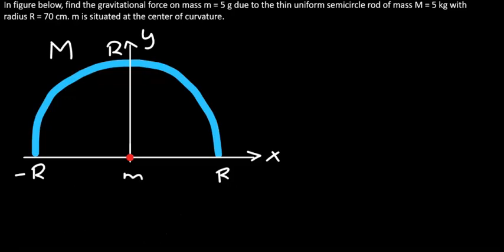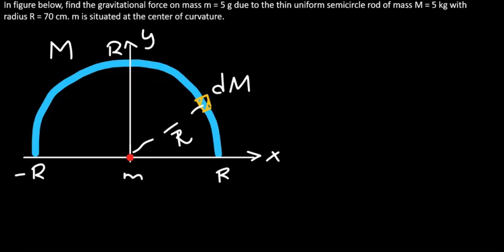To do that, let us divide the uniform semicircle into tiny masses, like that. Such a tiny mass contains a mass dM. We know its distance from little m is the radius of that semicircle, which is capital R, which we know to be 70 centimeters.